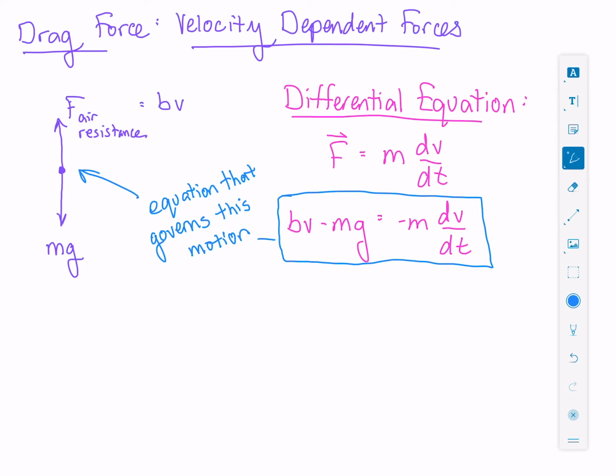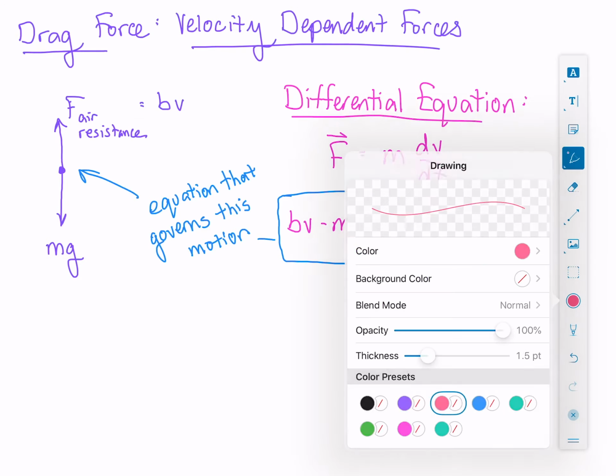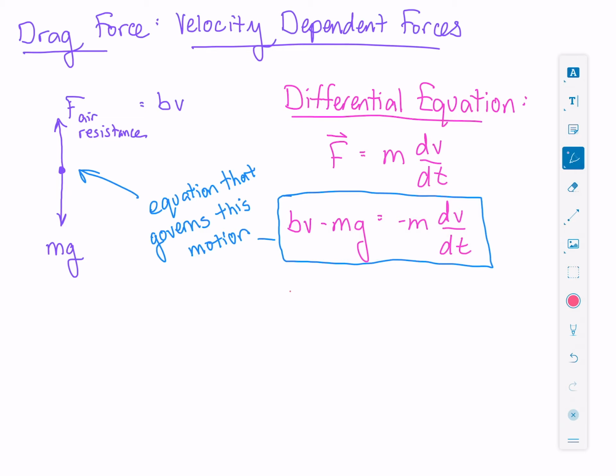We can call that our terminal velocity. It can't go any faster, and bv is therefore equal to mg. So if I want to solve for v max, that occurs, again, when the acceleration is 0, bv equals mg, so mg over b.